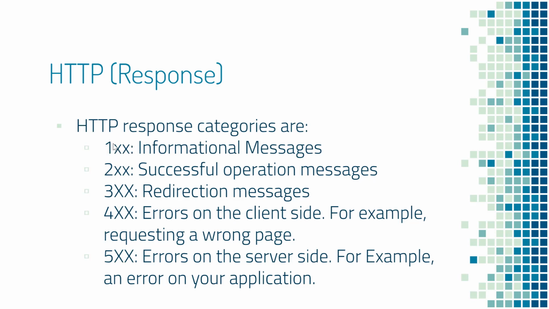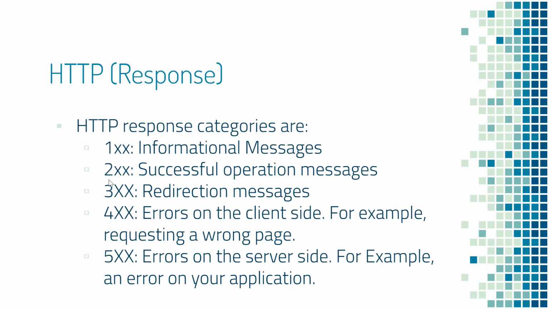If the first number from the left is 1, this is just an informational message from the server to the client. If we have a response code that starts with 2, that means our request has been processed successfully.